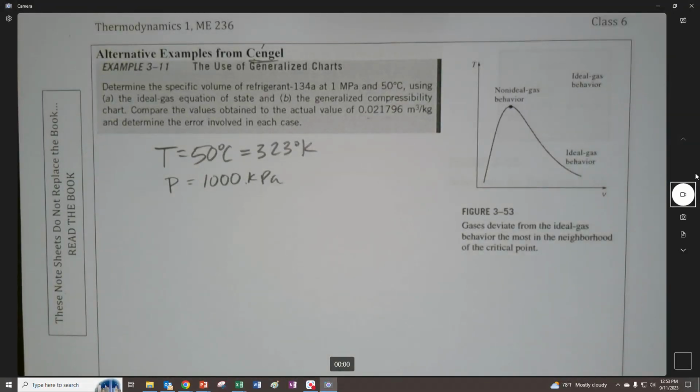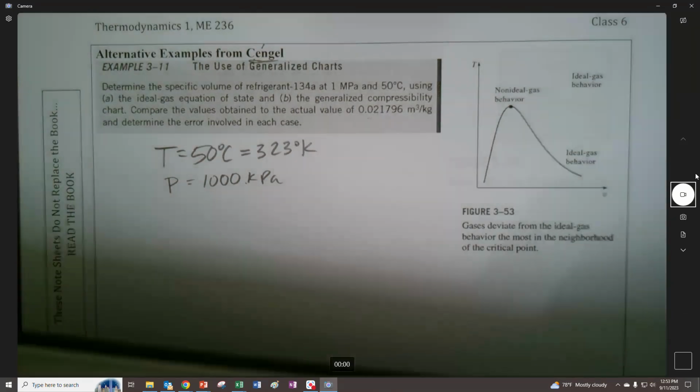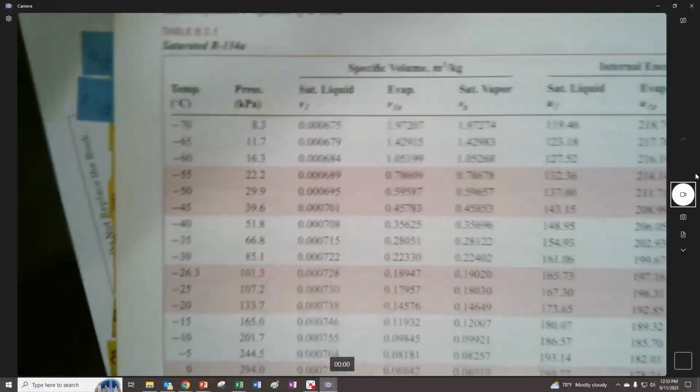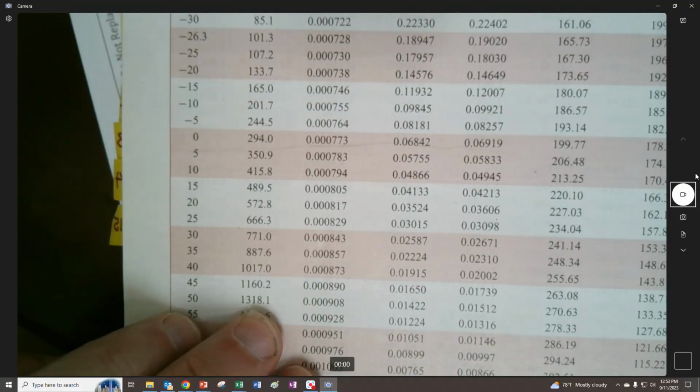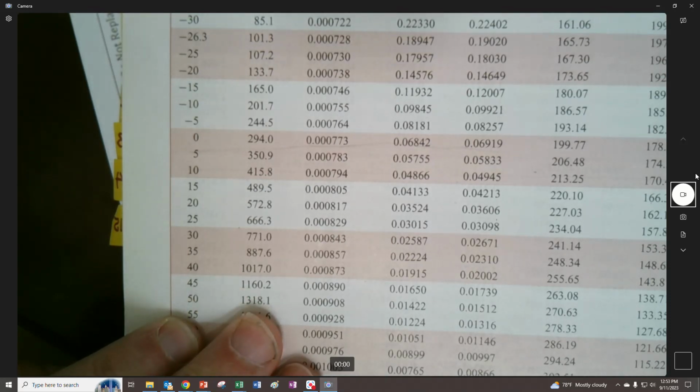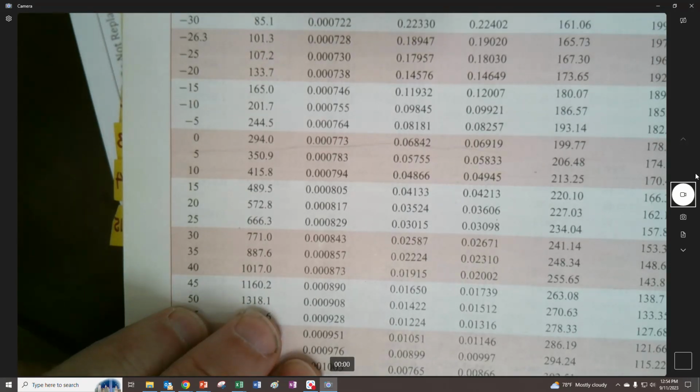For 134a, let's start right here in B.5.1 and come up to 50, and we see that we get 1,318. We're at 1,000, so we are less than that, and therefore we are superheated, because this is the saturation pressure and temperature.